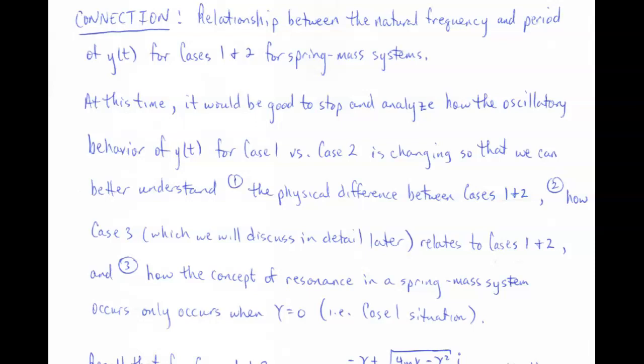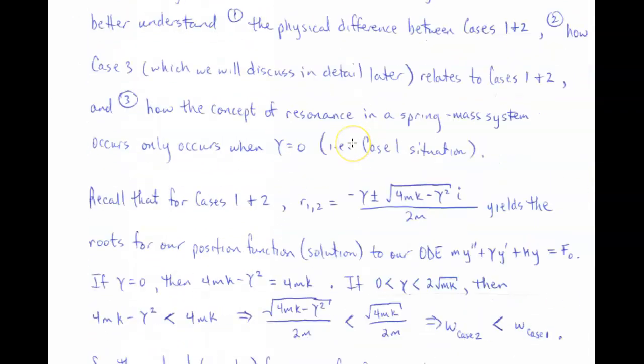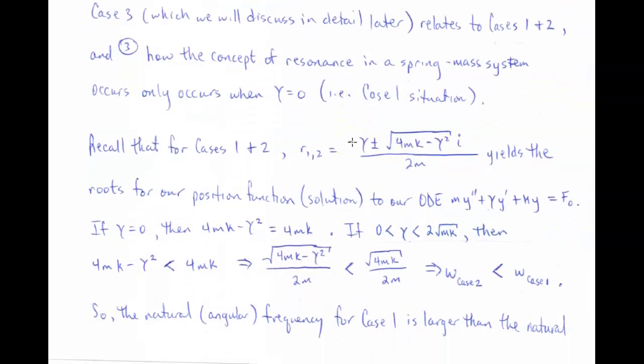Without trying to get too technical here, the main thing I want you to see is that the frequency that our spring-mass system could oscillate at for case 1 is going to be the largest or highest frequency possible for that spring-mass system.